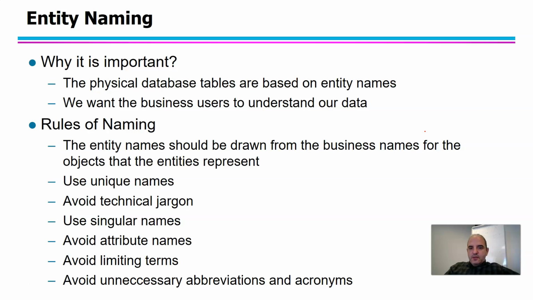You must avoid technical jargon, because we are designing these databases and diagrams for everyone to understand, not the technical ones only. When naming an entity, you must avoid using attribute names, and be careful about the rules I mentioned in this slide. During your project, I hope, or I guess, you will understand the importance of naming.